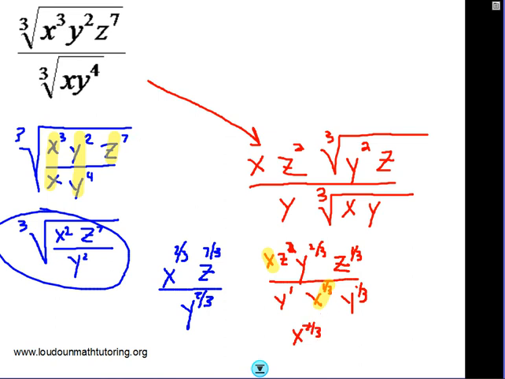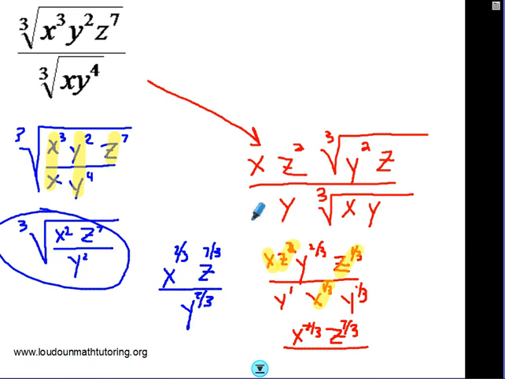Right, so we took care of those. Okay, so our z's, we've got z squared and z to the 1/3. Those are both in the numerators where we're going to add the exponents. So think of that as z to the 6/3 plus z to the 1/3 is z to the 7/3. Okay, that took care of our z's.